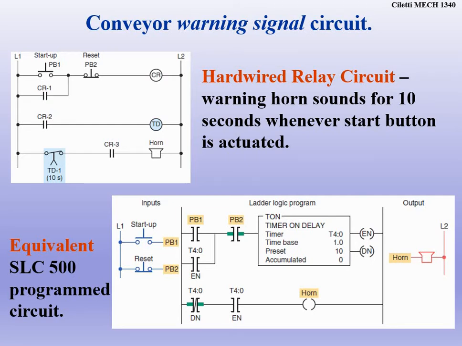So we have not the false, and then as soon as enable turns on, after 10 seconds we'll run the horn and then it'll stop. Why will it stop? Because the DN at the bottom will open back up. See how it's normally closed and it's live? That'll open, and that's what'll turn the horn off. And then we'll be bypassing push button 1, so it works automatically.